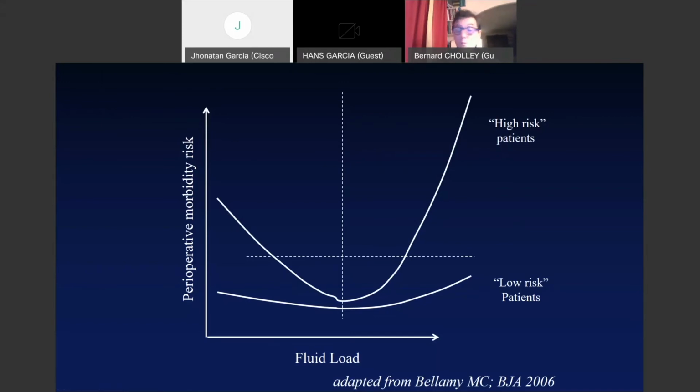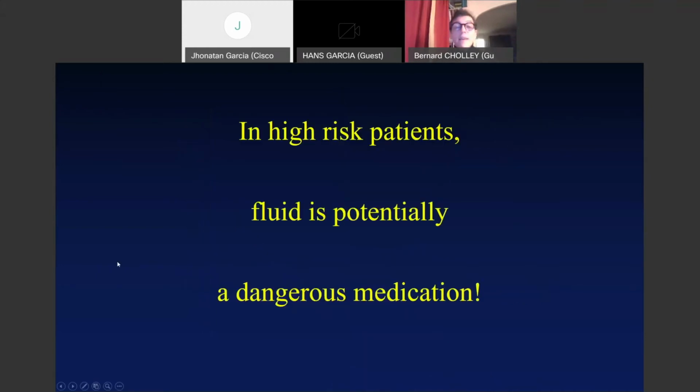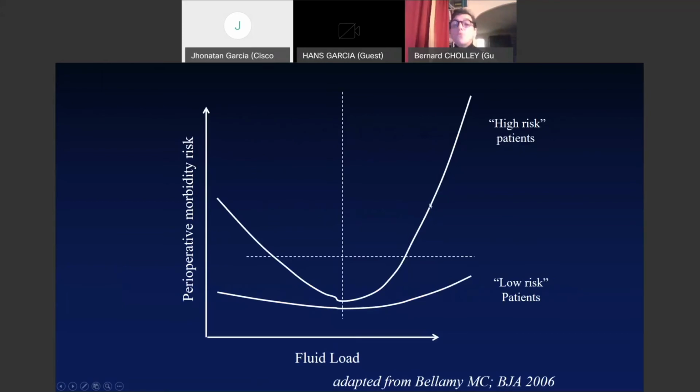The organs that are the most at risk in that specific patient, which of course may vary according to the patient, sometimes it's the brain, sometimes it's the heart, sometimes it's the kidney. I might have organ dysfunction or even organ failure if the problem is too severe. But on the other hand, if I give too much fluid, I will generate congestion and edema.